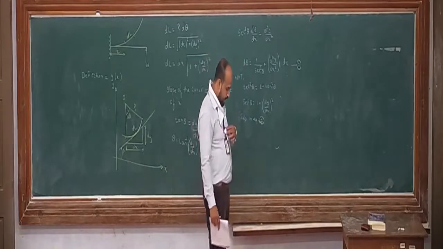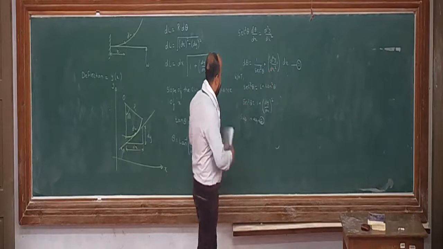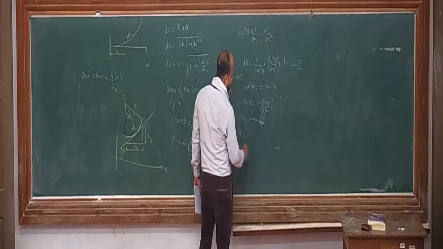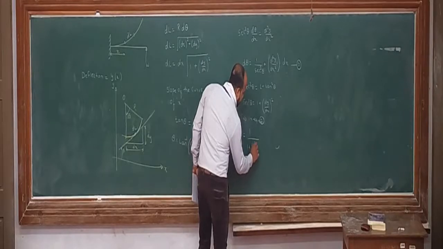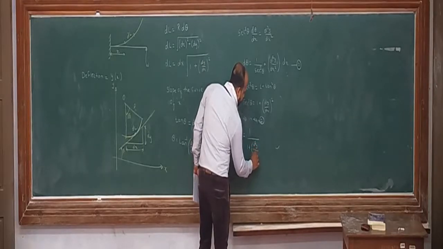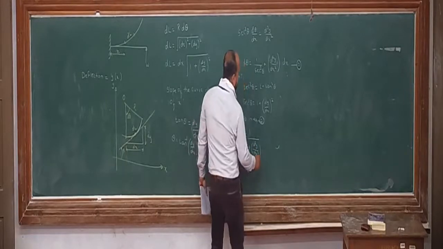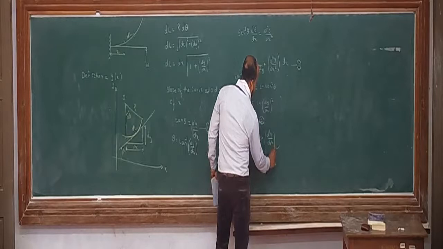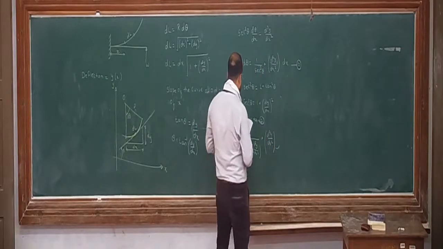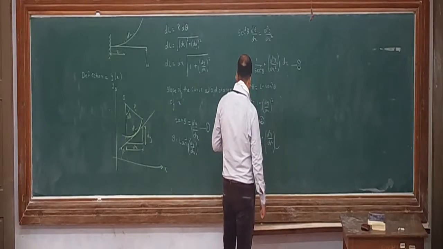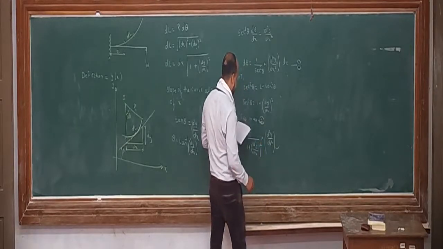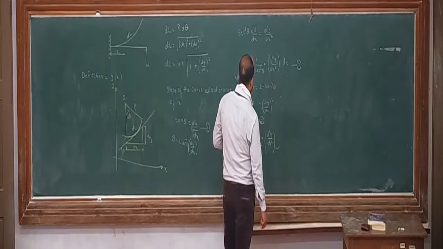So substituting this value in equation number 2, what will you get? d theta is equal to 1 divided by sec square theta, therefore 1 divided by 1 plus dy by dx whole square, multiplied by d square y by dx square into dx.